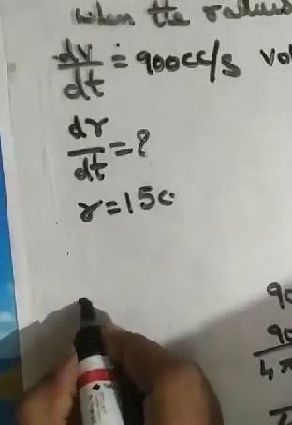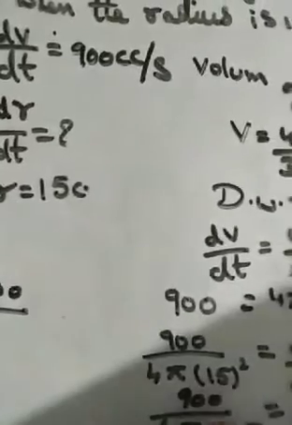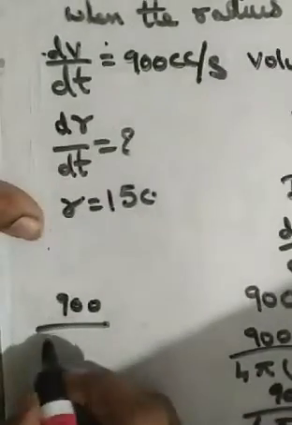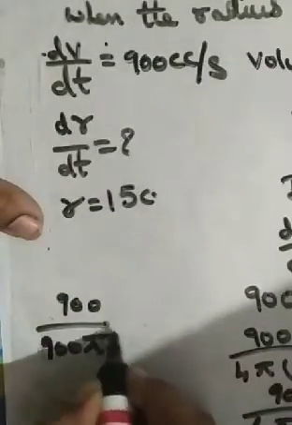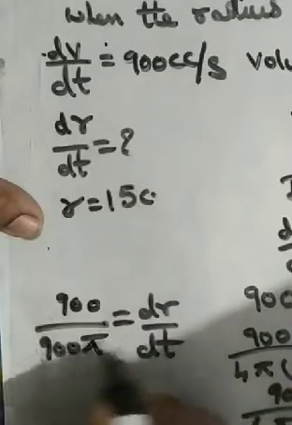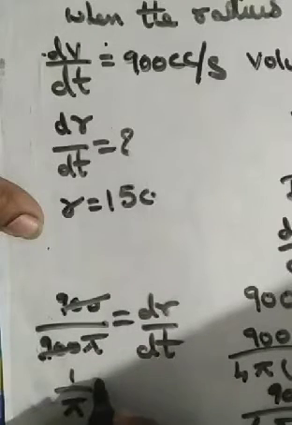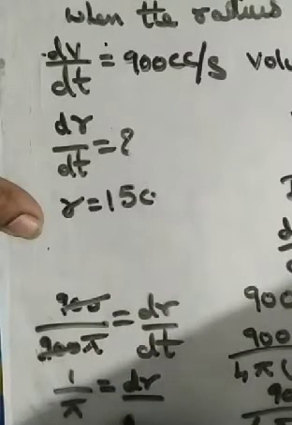So I can write it as 900 divided by 900 pi is equal to dr by dt. 900 gets cancelled. 1 by pi equals dr by dt.